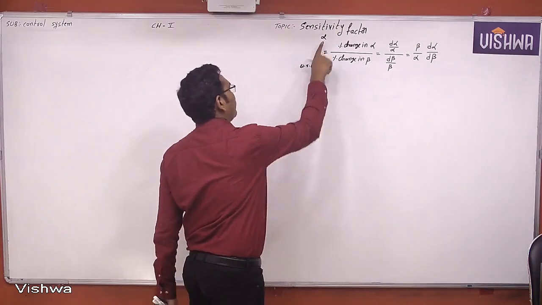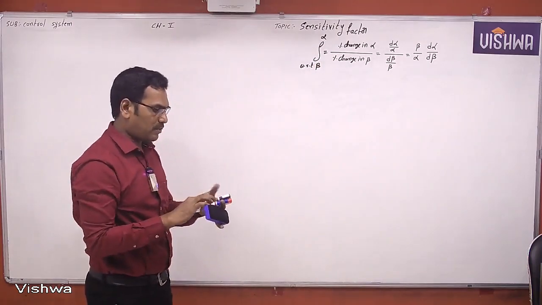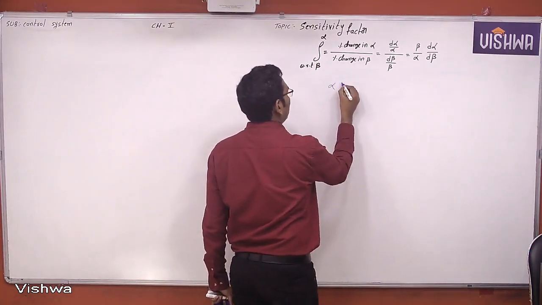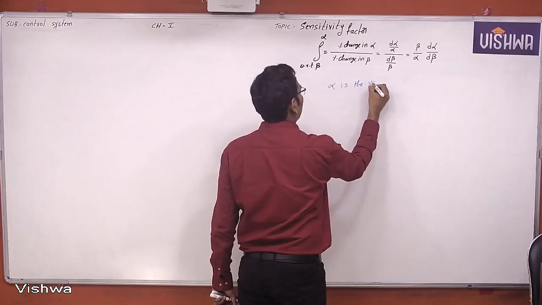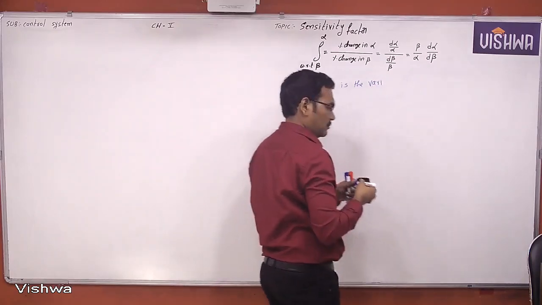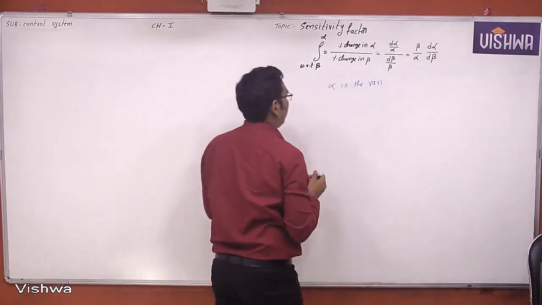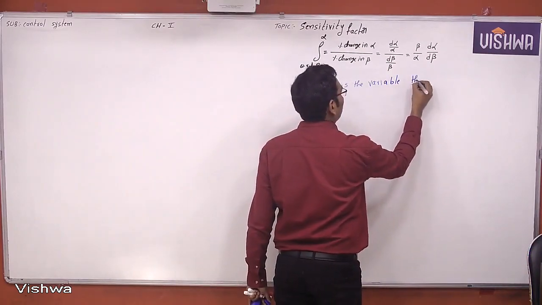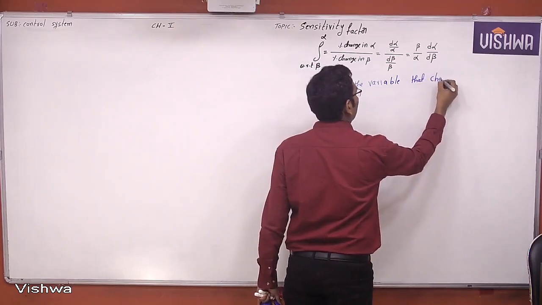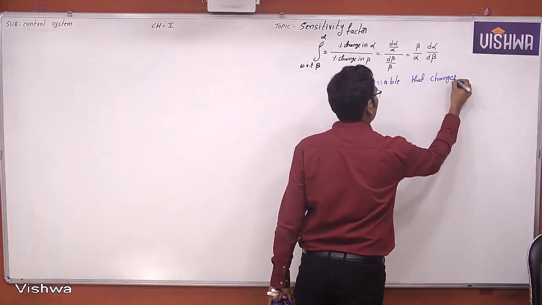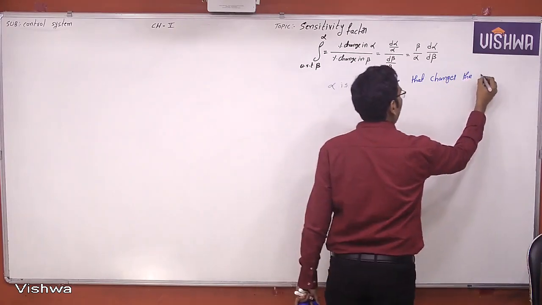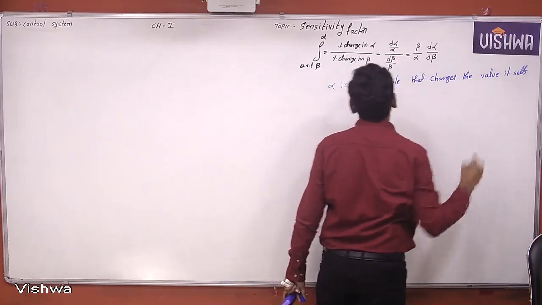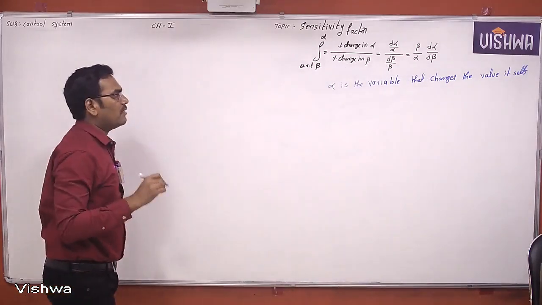Sir, then what is alpha? What is beta? That I want to explain. Alpha is the variable that changes the value itself.